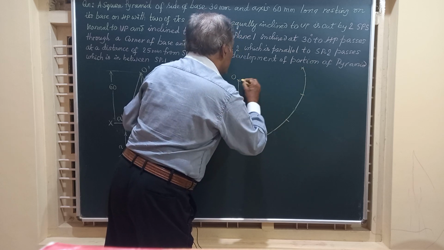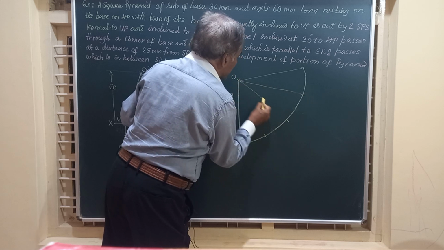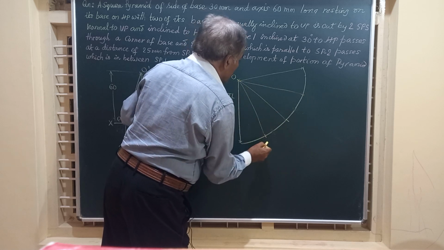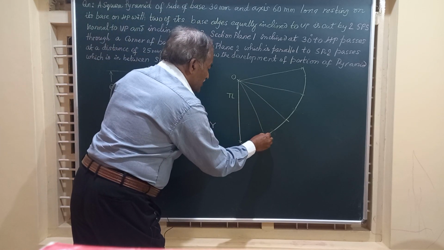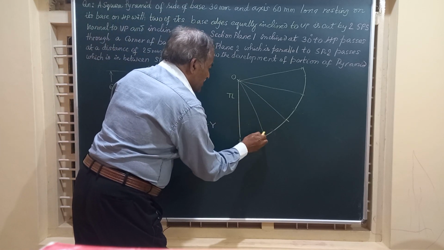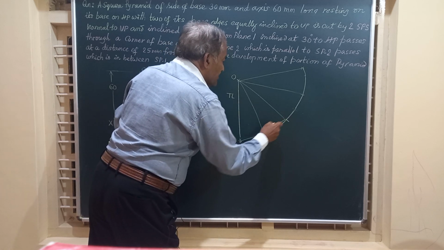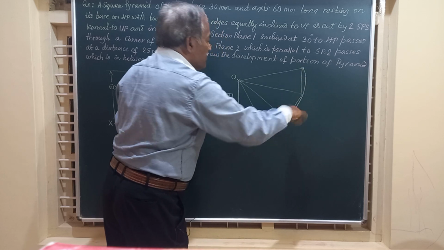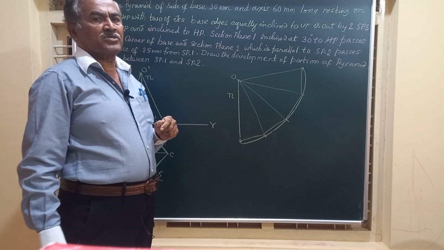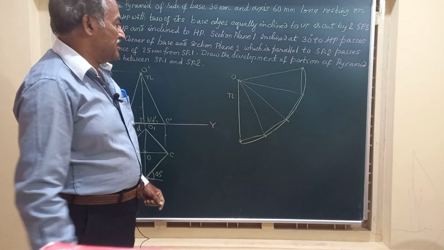We are going to join all these by thin lines to start with. So friends, this is how the development looks when the solid is not cut by any section plane. This is going to be just four isosceles triangles on the development.